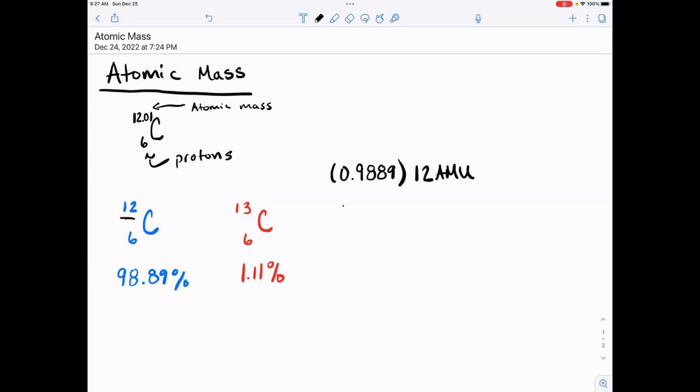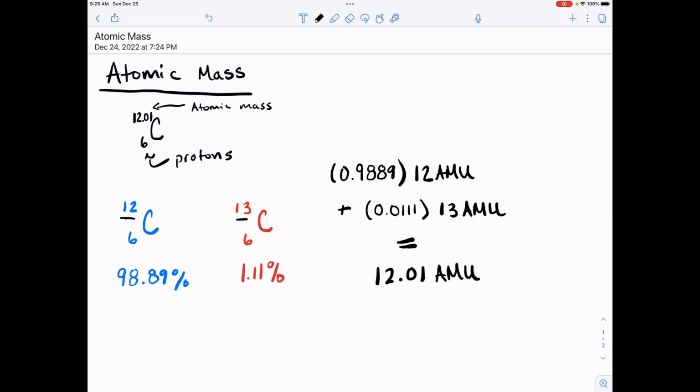And we add that to 0.0111, right? That's just 1.11% being converted into a decimal, right? And we multiply that by 13 AMUs, which is coming from carbon 13, right? So 13 AMU. What this value is actually going to be equal to is 12.01 AMU, or atomic mass units. So that's actually where the atomic mass comes from.